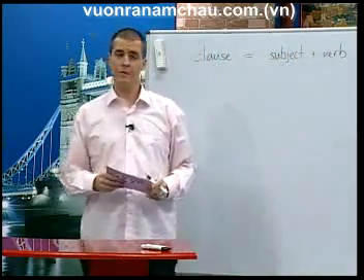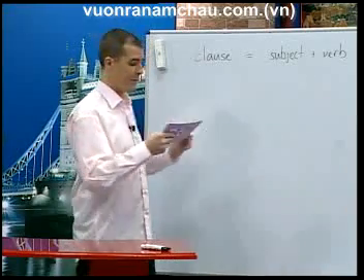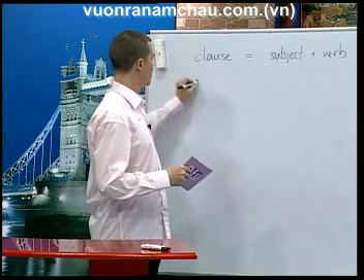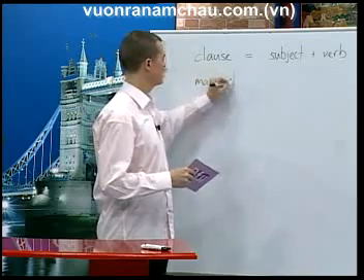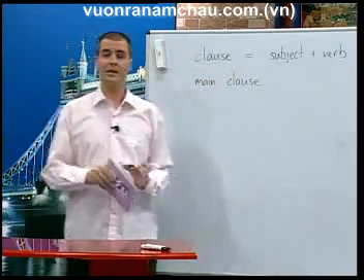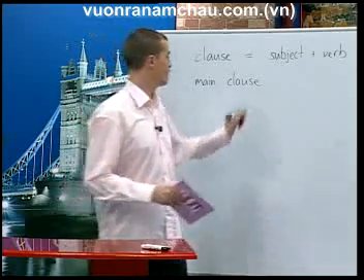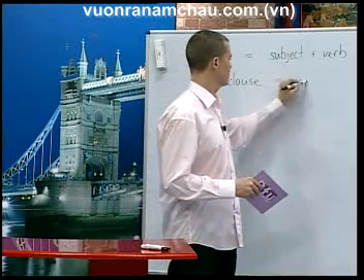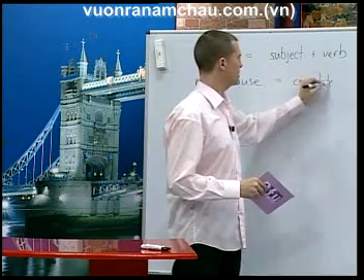Now, there may be several clauses in a sentence. There may be the independent or the main clause. And the main clause is a complete sentence. A complete sentence.